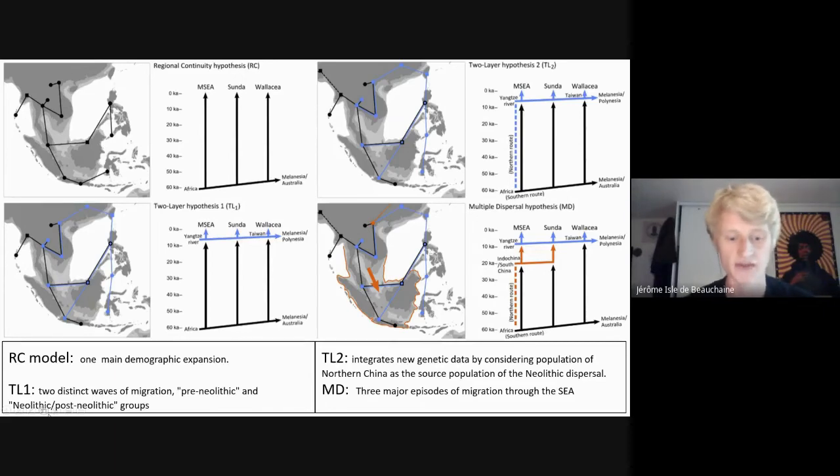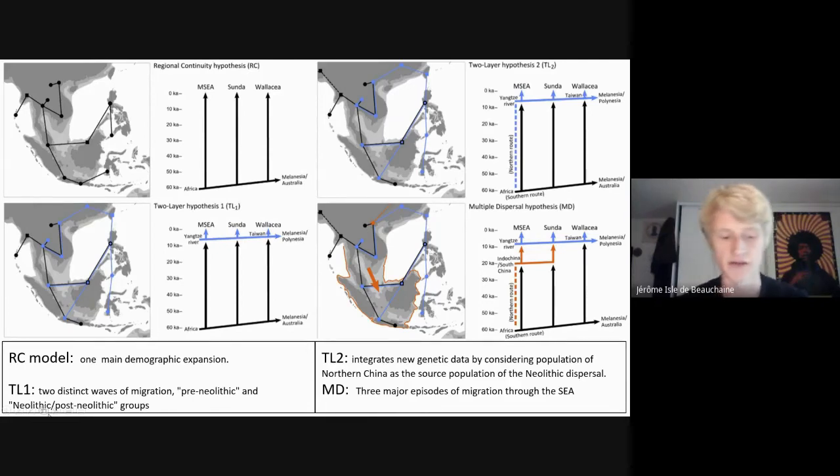But the RC model is challenged by genetic data that identifies two distinct waves of migration, pre-Neolithic and Neolithic, post-Neolithic groups. So this model is called the two-layer hypothesis, and there are two versions of this model. There is the two-layer hypothesis 2, which takes into account new paleogenomic data, which led the authors to consider populations of northern China as the source population of the Neolithic dispersal.